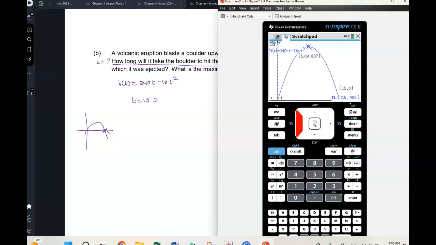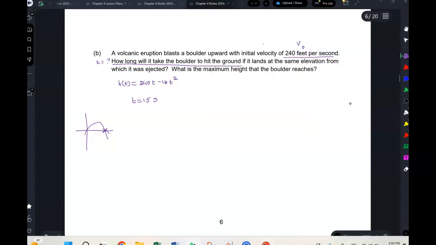And obviously, the time when that happens is 7.5 seconds, which is exactly halfway to 15 seconds, which is when it hit the ground, right? So the maximum height is 900 feet.